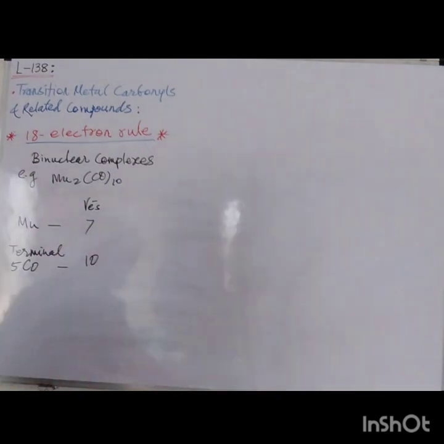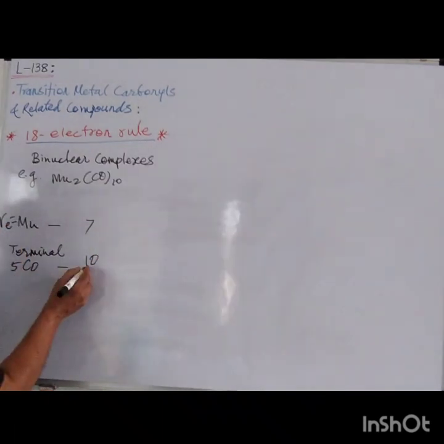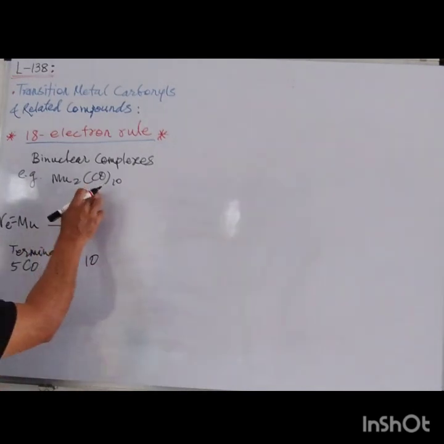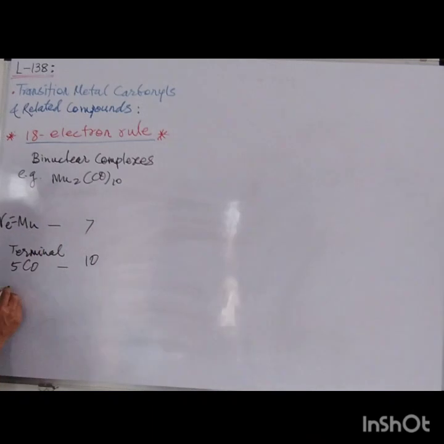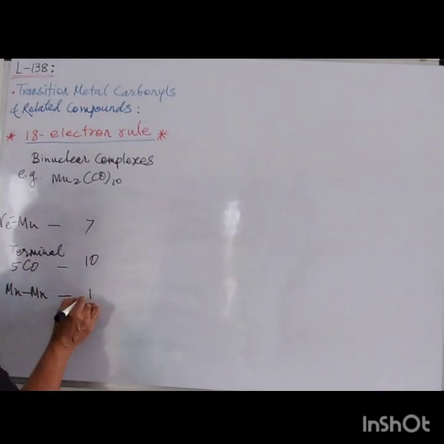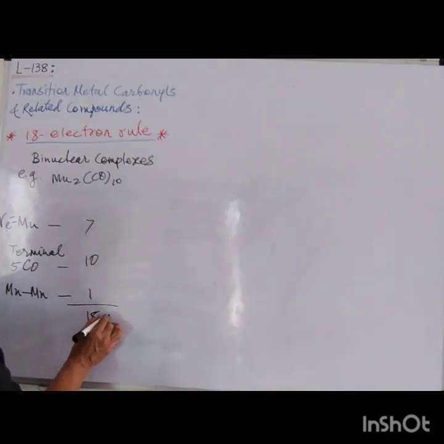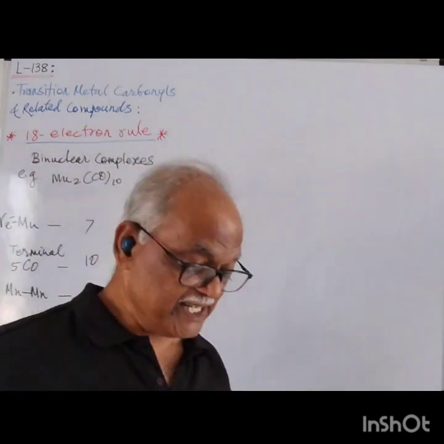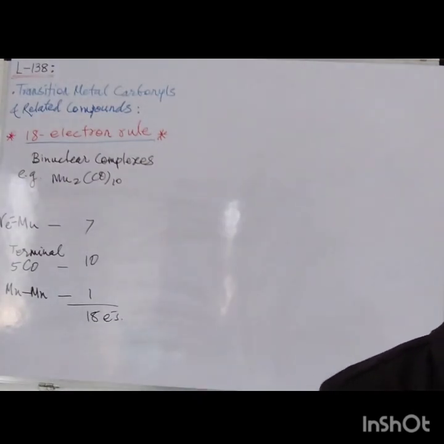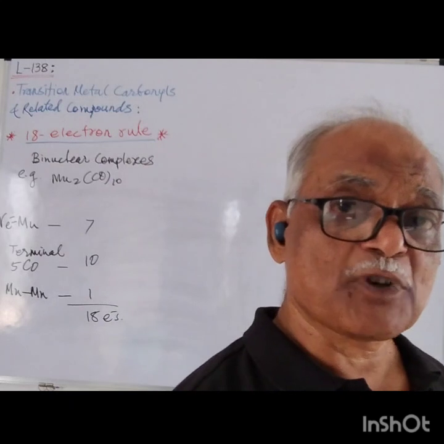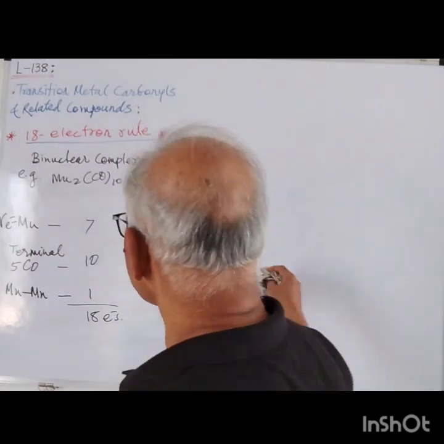So the valence electrons of Mn are 7, 10 electrons are contributed by the terminal CO, and since there are 2 Mn, the Mn-Mn bond contributes 1 electron. If we add these, you will get 18 electrons. So this is called the 18 electron rule. We will see this rule in another example, and we will take a number of such examples.